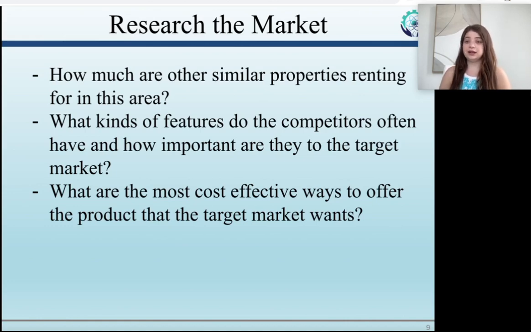Or same with, let's say you're going to get a new bag. It doesn't mean you're going to get a $10 bag from Walmart that's just going to fall apart after a few uses. That's probably not very cost effective. But it's also not very cost effective to get a Chanel bag that costs $10,000 or $5,000, however much they cost, if the goal here is to be cost effective.